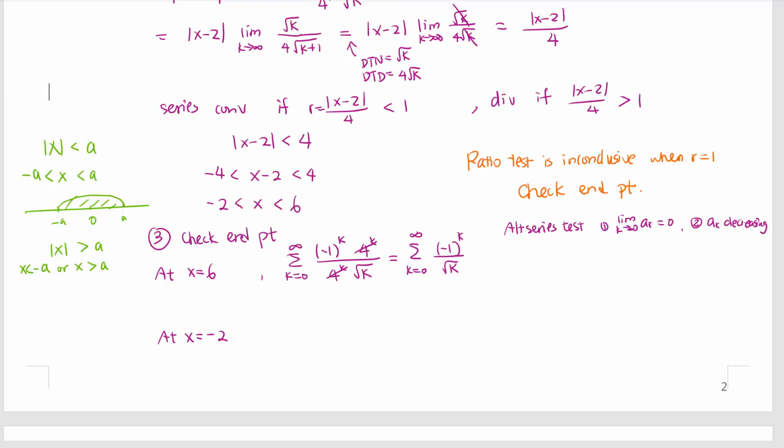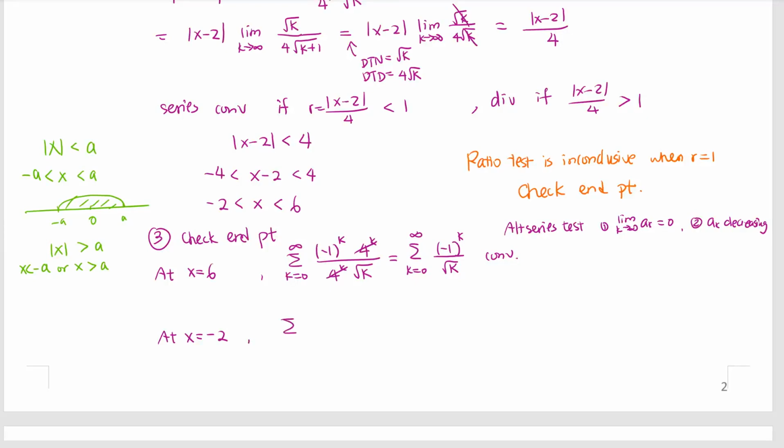So the sequence here is 1 over square root of k. Yes, the limit of 1 over square root of k is 0. And 1 over square root of k is decreasing. Yes, by the alternating series test, this guy converges. So far, so good, everybody.